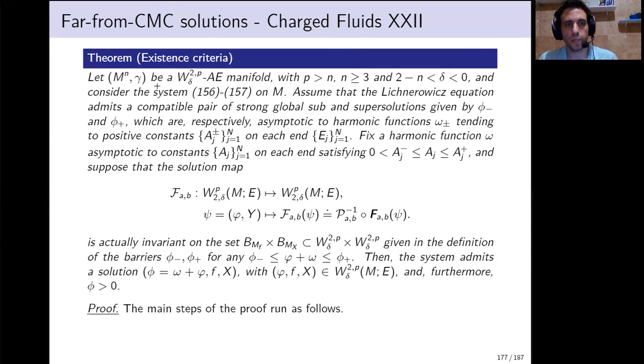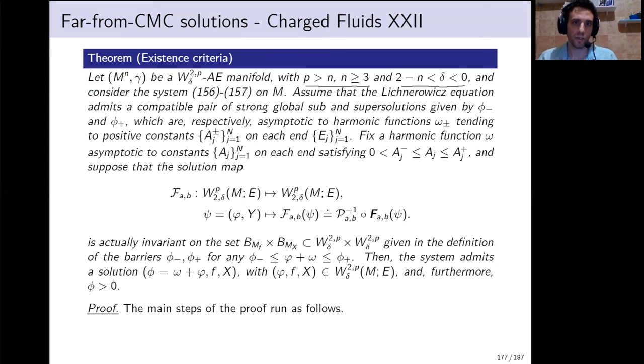So assume that we have our asymptotically Euclidean manifold with our regularity hypothesis, recalling p greater than n, and delta in the right interval, so that we have isomorphism properties for the linear parts of our system.